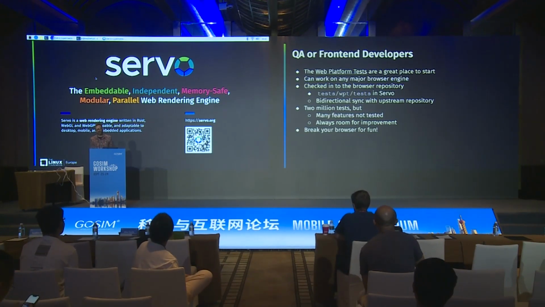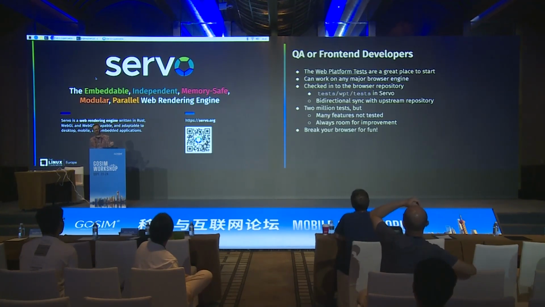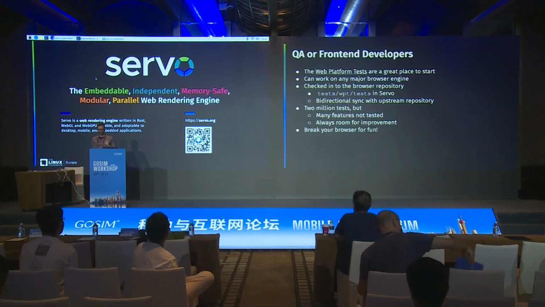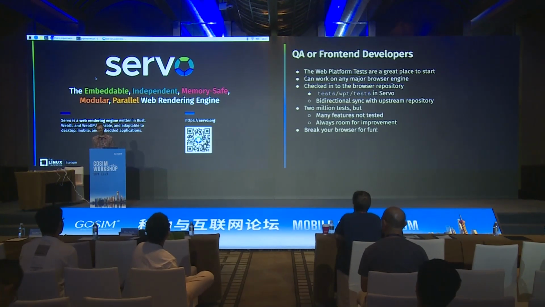Usually, these tests are checked in to the browser repository. For instance, in Servo, they're checked into a directory called tests, wpt/tests. And like I was saying, there's a bidirectional sync in this directory with the upstream WPT repository. So if you'd like to contribute to Servo, you can work on the tests, and that code will automatically be synced with other browsers.